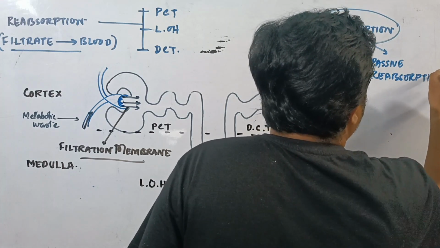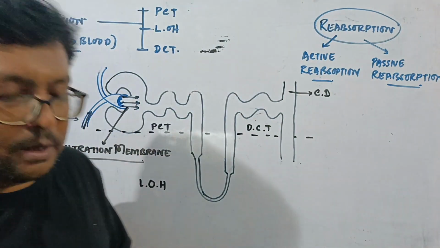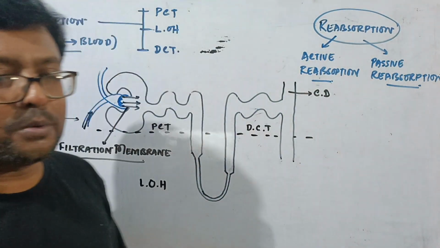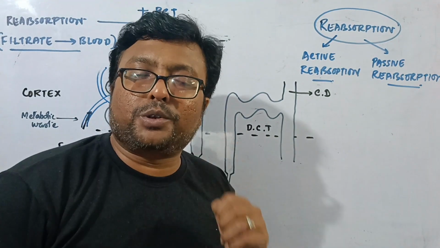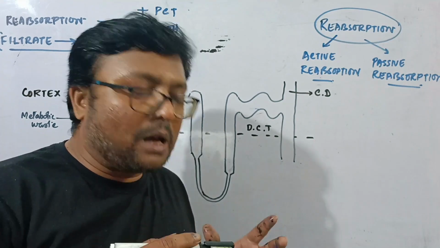Okay, so first we will find out what is meant by active reabsorption and what is meant by passive reabsorption. Now, active reabsorption is a kind of reabsorption that generally occurs with the help of metabolic energy.